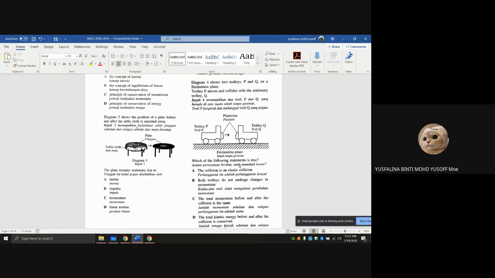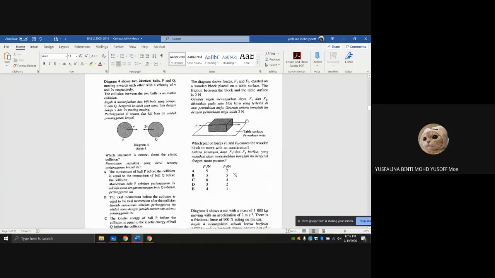But for inelastic, the total kinetic energy before and after the collision is not the same. It's not conserved. But for elastic collision, the total kinetic energy before and after the collision is the same. So that's the difference, the total kinetic energy.